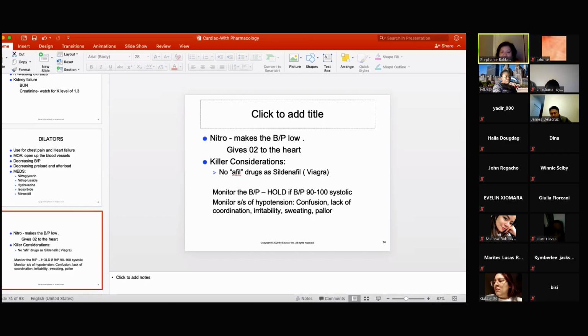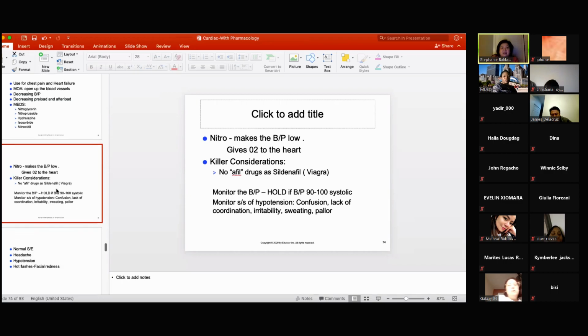Monitor for signs and symptoms of hypotension. The earliest signs of hypotension are confusion, lack of coordination, irritability, sweating, and pallor. When there's hypotension, there's less oxygenation to the brain, so you will see confusion, restlessness, irritability, and lack of coordination.